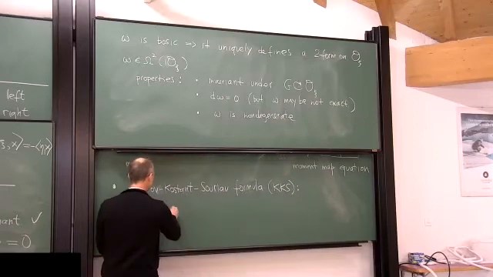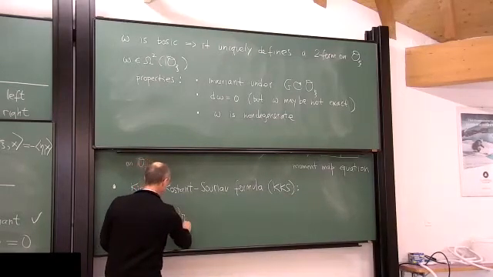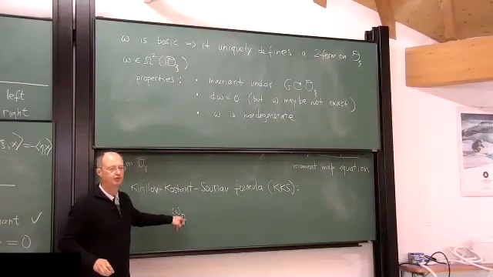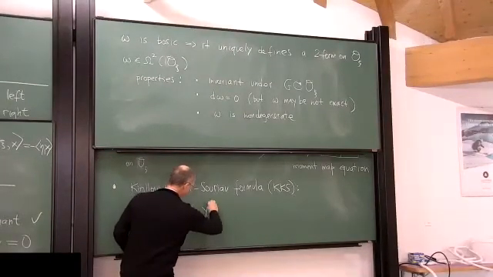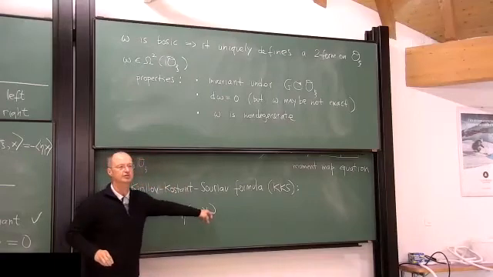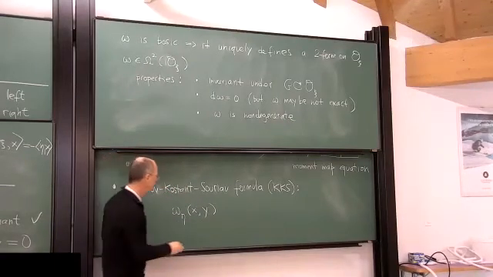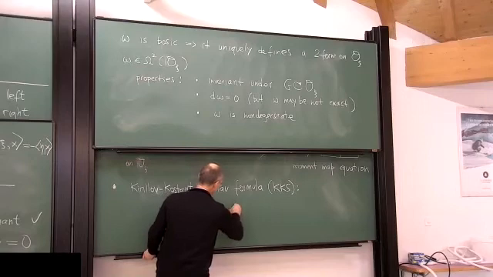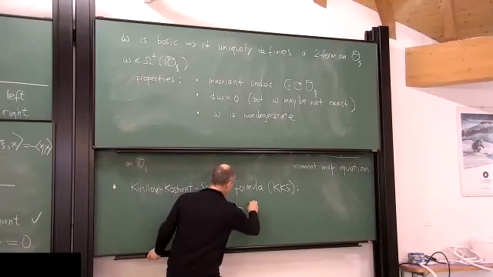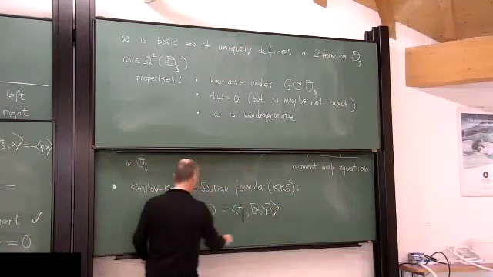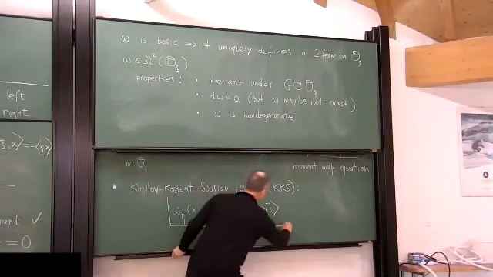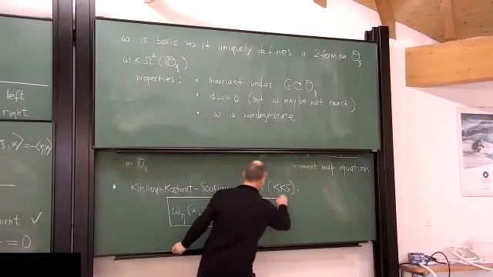This formula says that if you compute this form at the point eta on the two vector fields corresponding to the Lie algebra elements x and y, the answer is the pairing of eta with the Lie bracket of x and y. So that's a very, very famous formula.